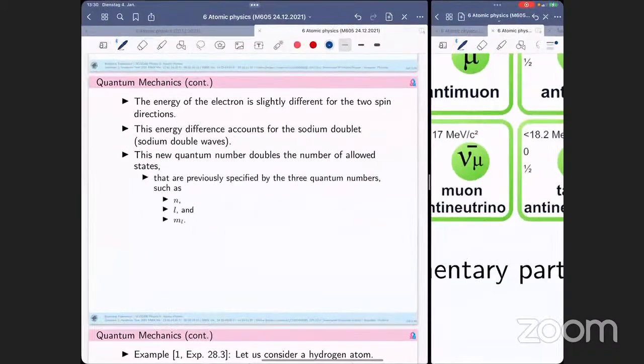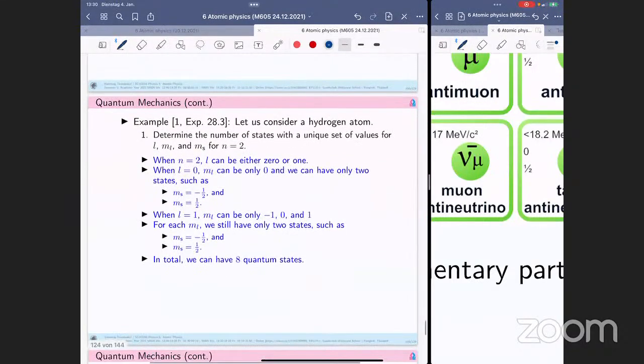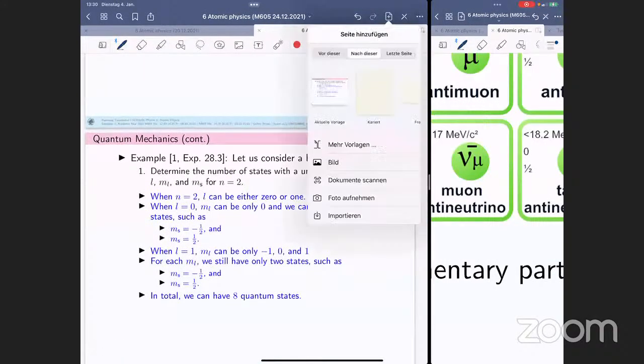Let's continue our story, the quantum mechanics. Let's consider a hydrogen atom. Now we will get into the detail of the configuration of the quantum numbers. Now the quantum numbers are plural, not only a single number anymore.